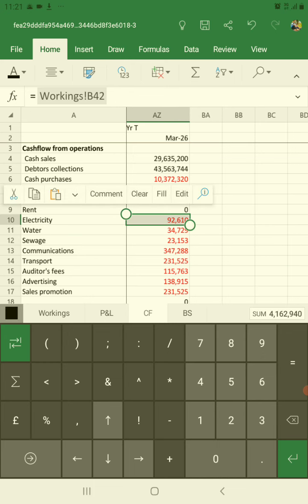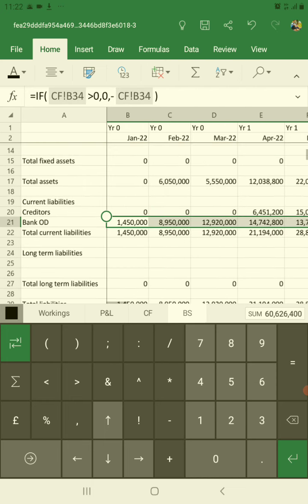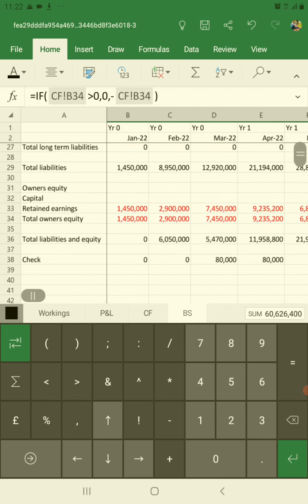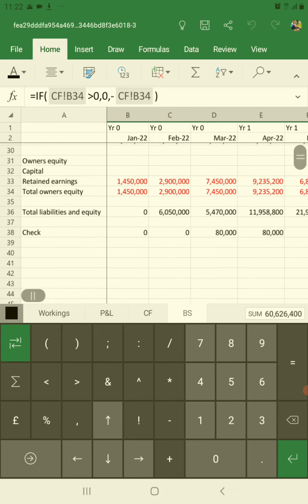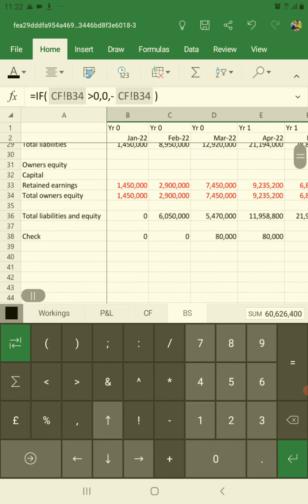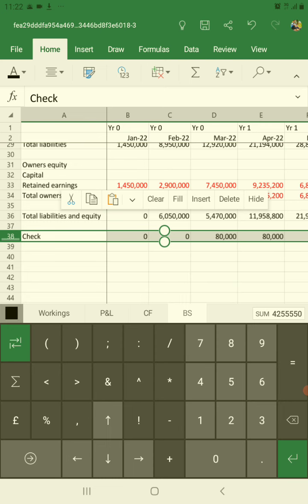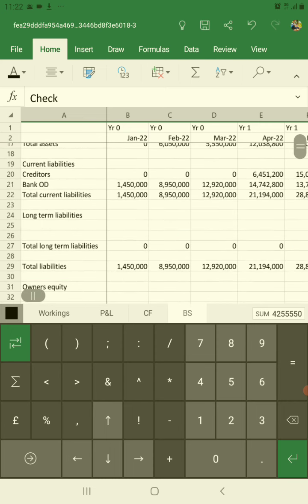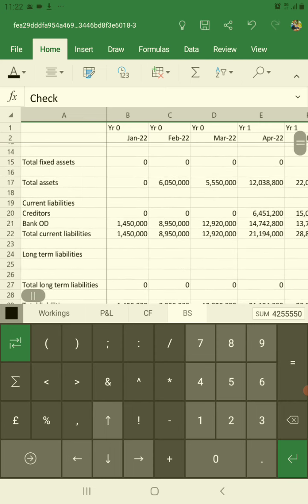Okay, now after doing that, our balance sheet will not balance up to now. If we go to the check, you see we have a figure there that is not balancing, and this is because now in the current liabilities section we need to add accrual for electricity.